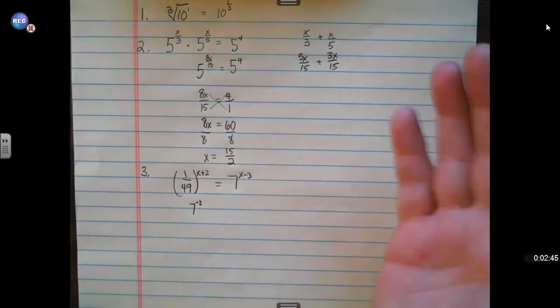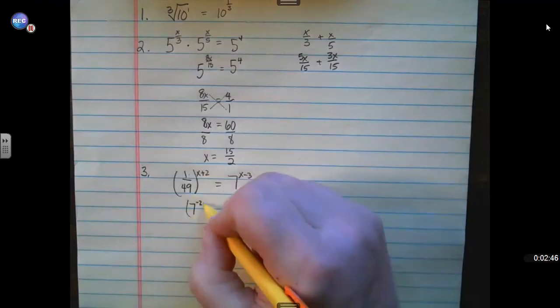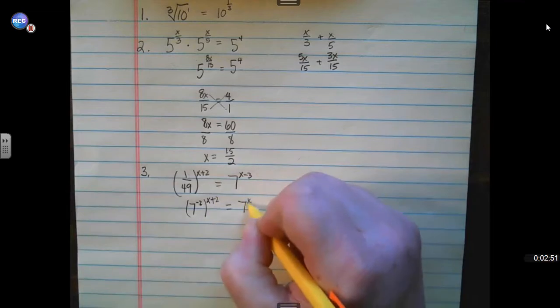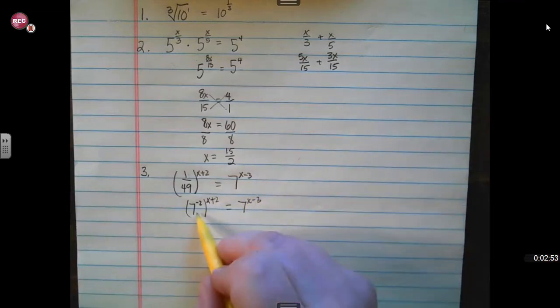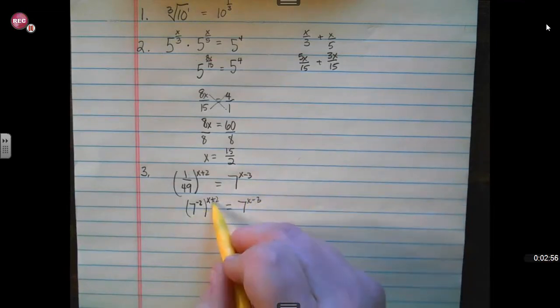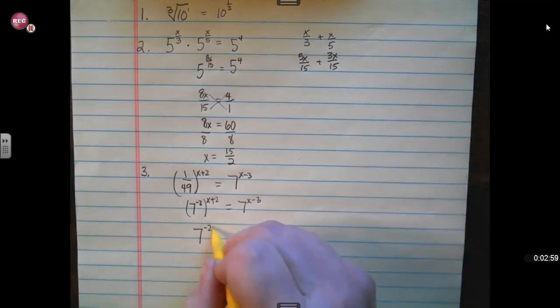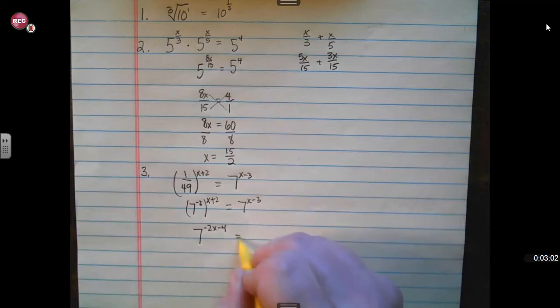It's 1 over 7 squared, which is 7 to the negative 2. And then when we have a power raised to a power, we multiply the exponents. So that's going to be 7 to the negative 2x minus 4 equals 7 to the x minus 3.